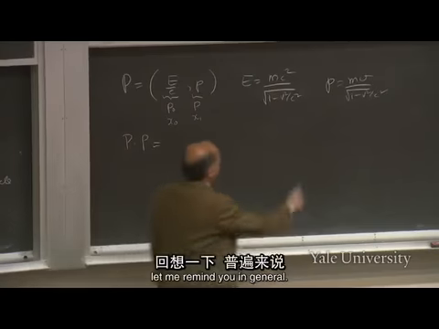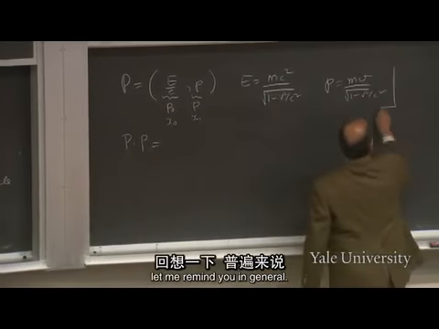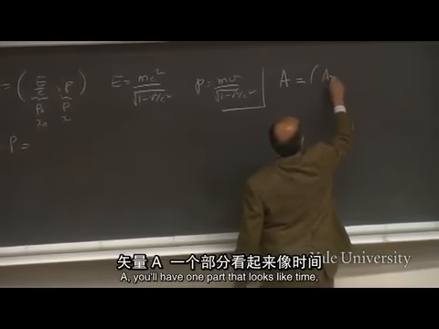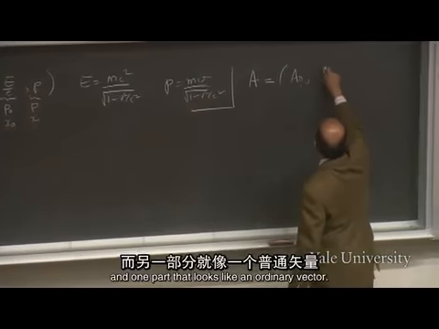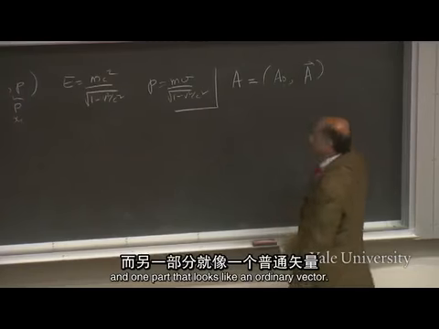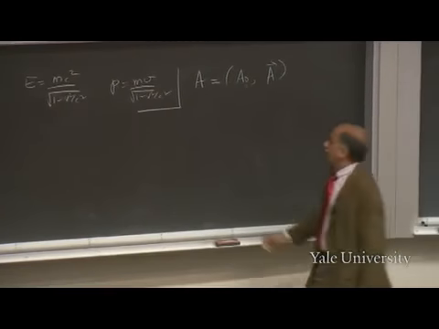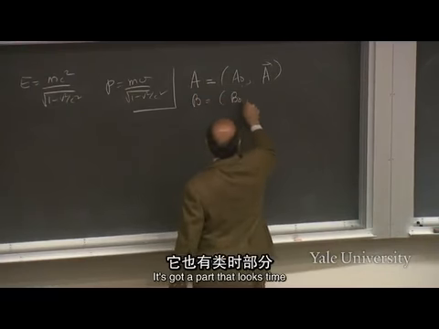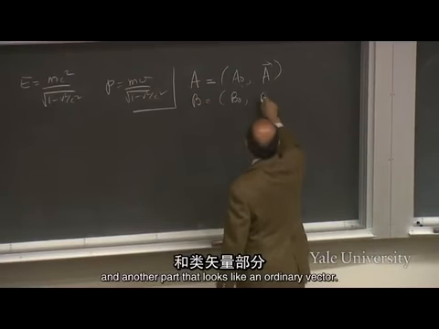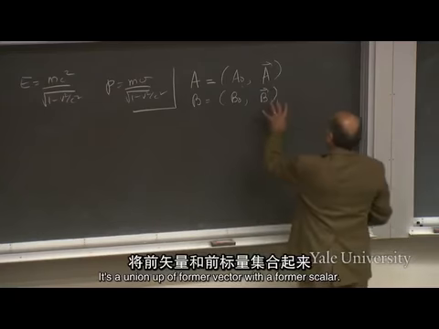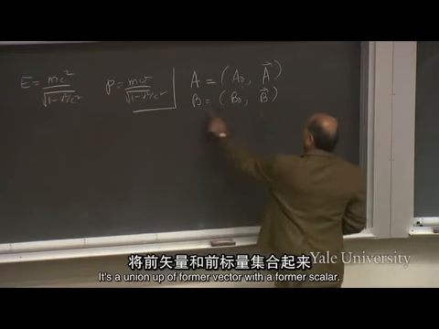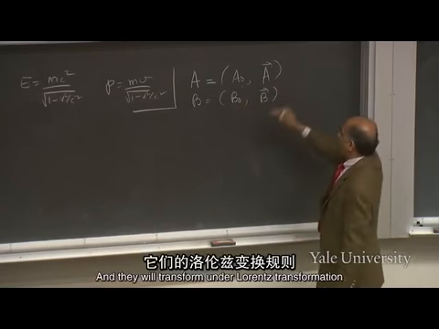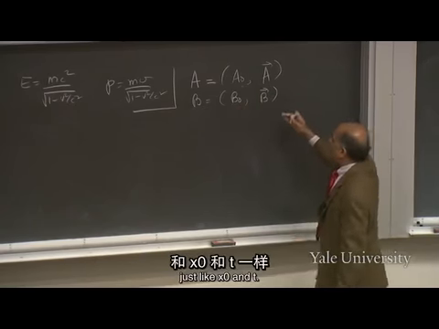Well, before I do that, let me remind you in general, in relativity, you will have 4 vectors. A, they'll have one part that looks like time and one part that looks like an ordinary vector. And B is another 4 vector. It's got a part that looks like time and another part that looks like an ordinary vector. It's a union of a vector with a scalar. And they will transform under Lorentz transformation just like x0 and t.